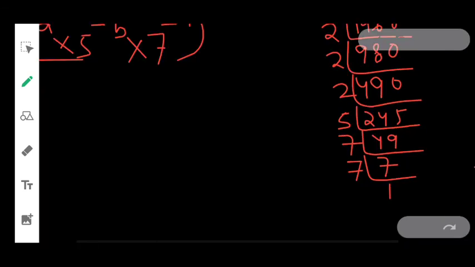So the factors are 2 into 2 into 2, that is 2 to the power 3, and 5 to the power 1 and 7 to the power 2.